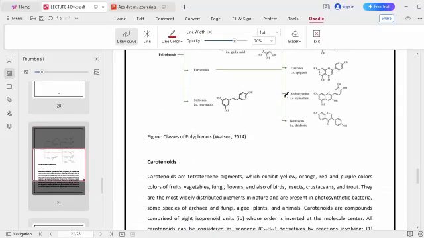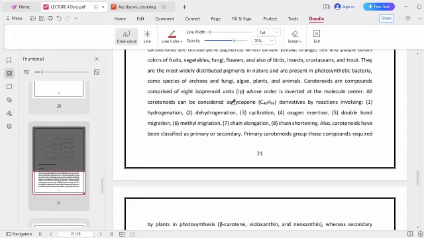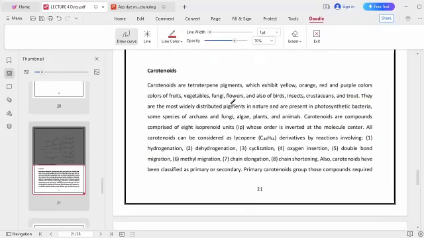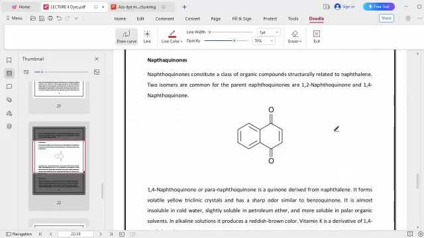And then we also have carotenoids, and the carotenoids exhibit yellow, orange, red, purple colors, etc. A carrot plant or fruit is an example of a carotenoid. We also have beetroot, a vegetable, which is also a carotenoid. We also have the naphthoquinones, and they have this structure.